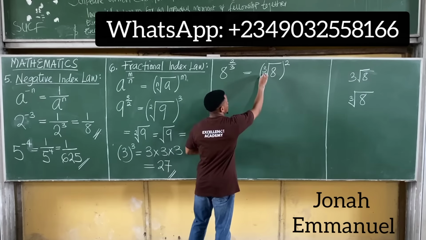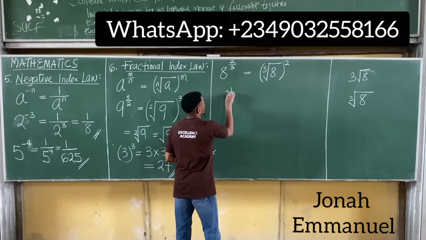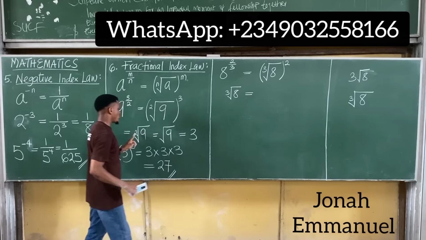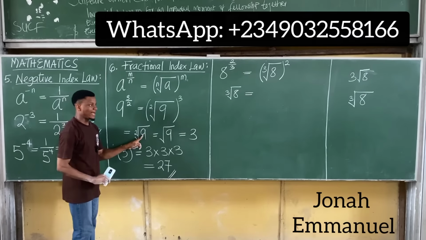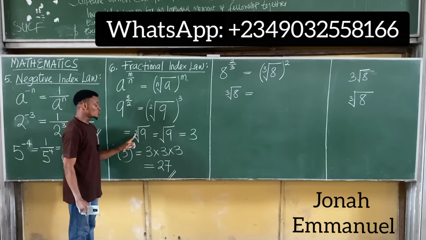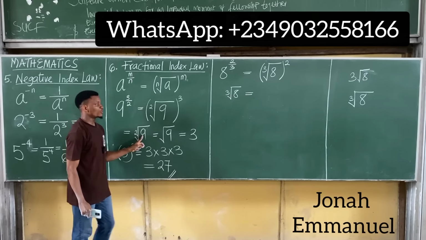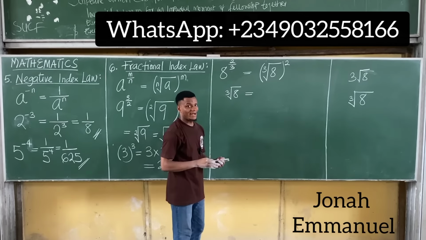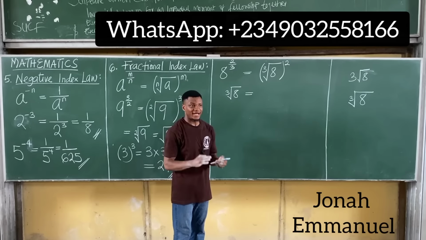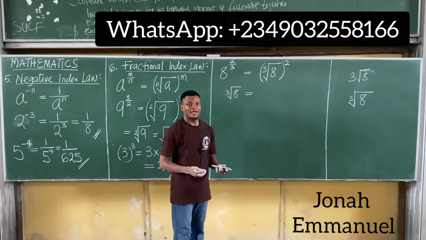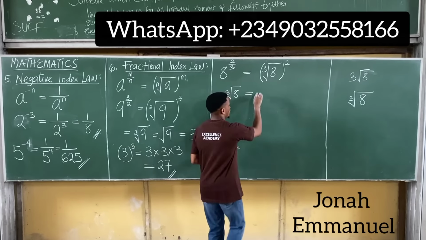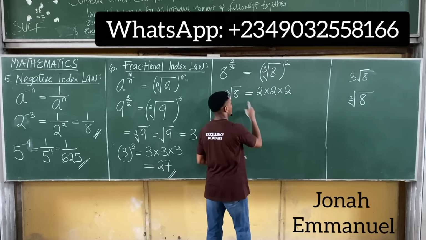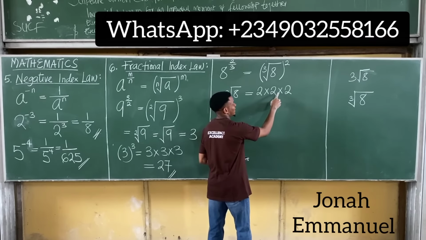So when we say the third root of 8, what do we mean? Now we said square root of 9 means a number that will multiply itself 2 times to give you 9, which you got as 3. So when we now say third root of 8, we're looking for a number that will multiply itself 3 times to give you 8. And which number is that? That number is 2, because 2 times 2 times 2 gives you 8. 2 times 2 is 4, 4 times 2 is 8.